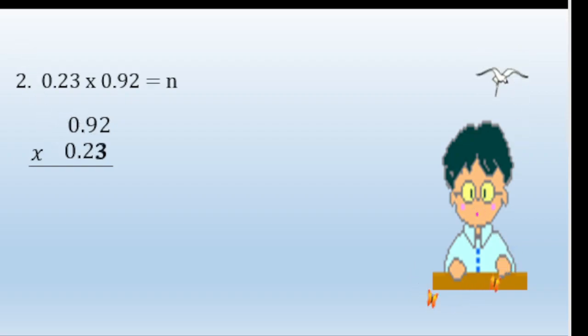So you have 3 times 2 is 6. Then 3 times 9 is 27. Then to the tens place, 2 times 2 is 4. And then 2 times 9 is 18. And then add.